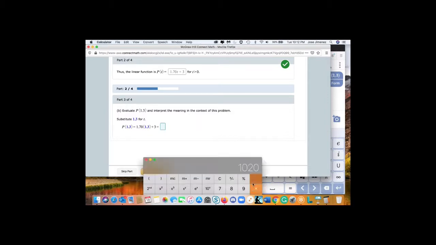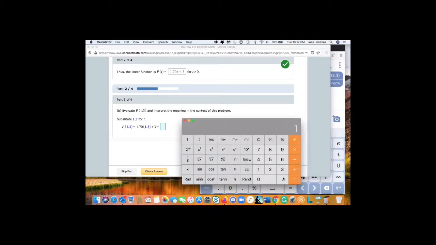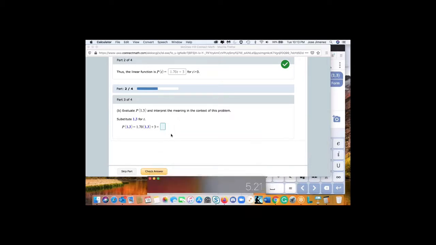So we have to multiply 1.70 times 1.3, then plus 3, 5.21. That's going to be the total value for the parking.